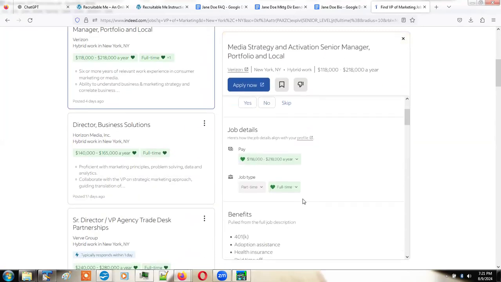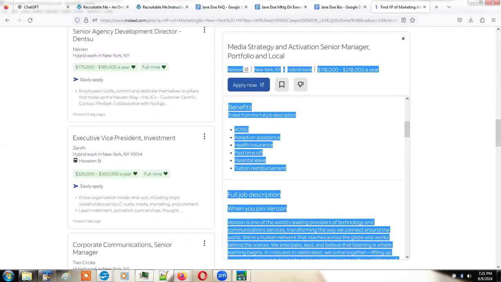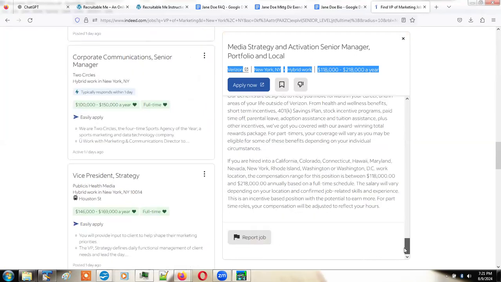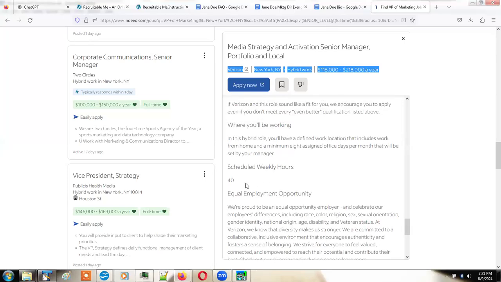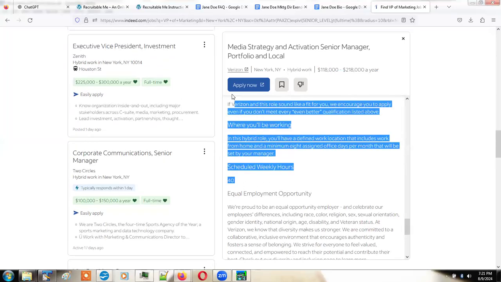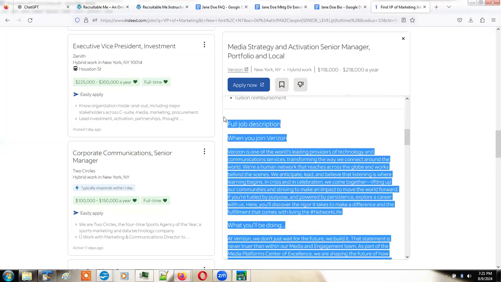So you go into the job and then you can pull. Sometimes it varies depending on the platform that you're on. Okay, so we're going to go up this way. Make sure you grab all of the stuff that matters.